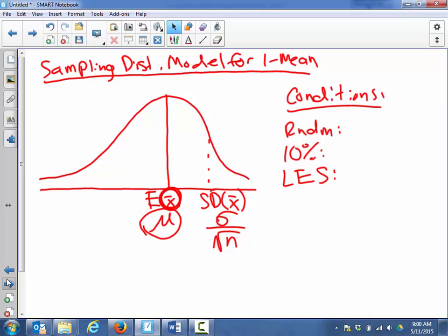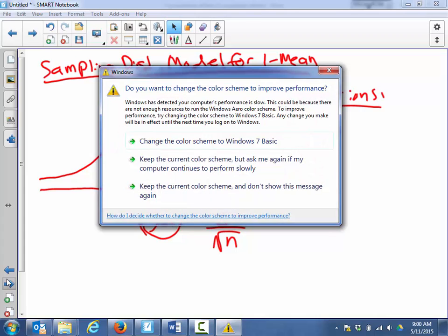The large enough sample condition, you're looking at basically for smaller samples. Let's say you're taking a sample of size 10 of students from the population of students here at Yorktown.